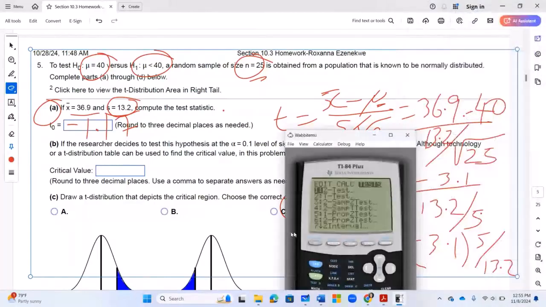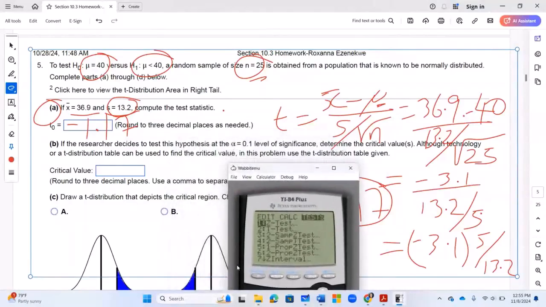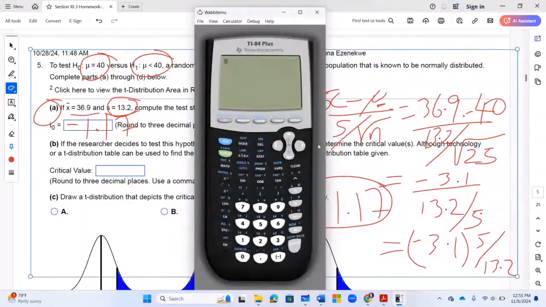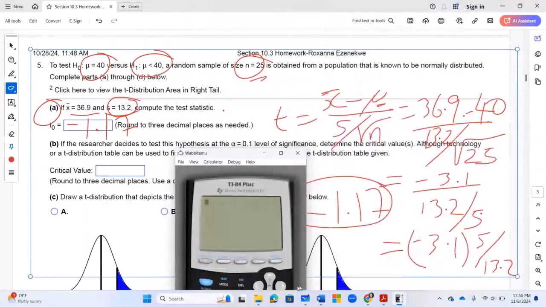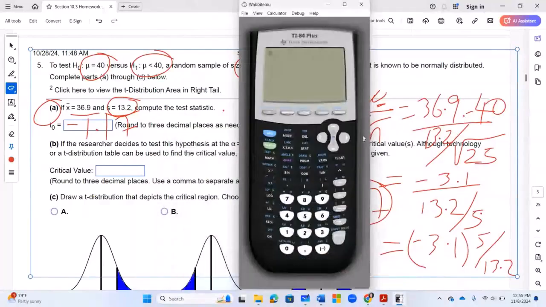So I want to find the critical value at 1%. I can now get the critical value. I just need the sample size, which is 25.